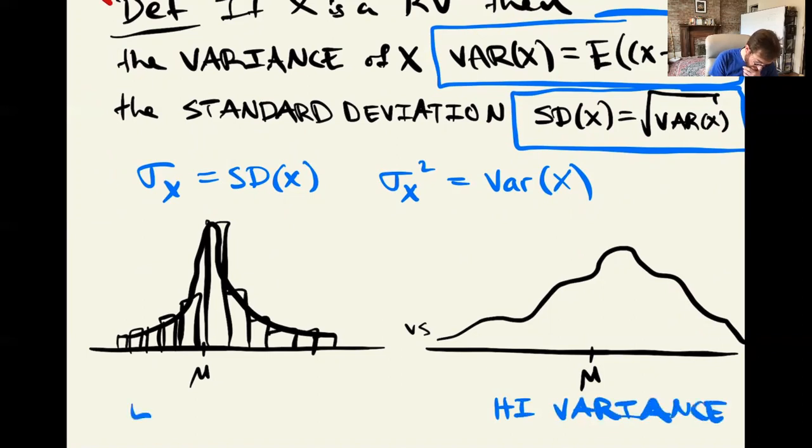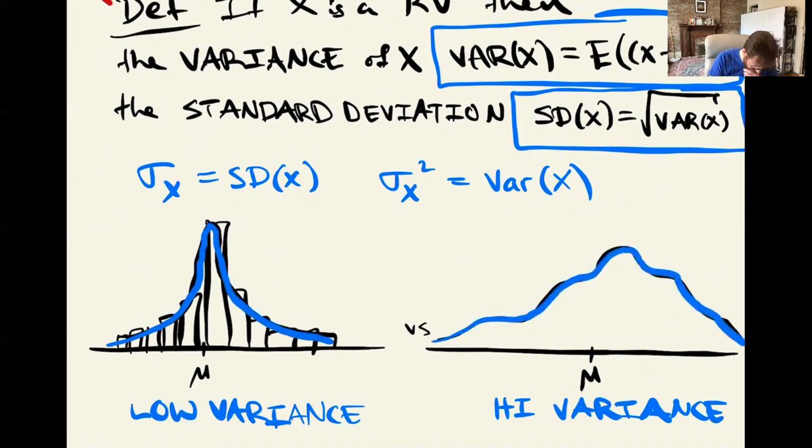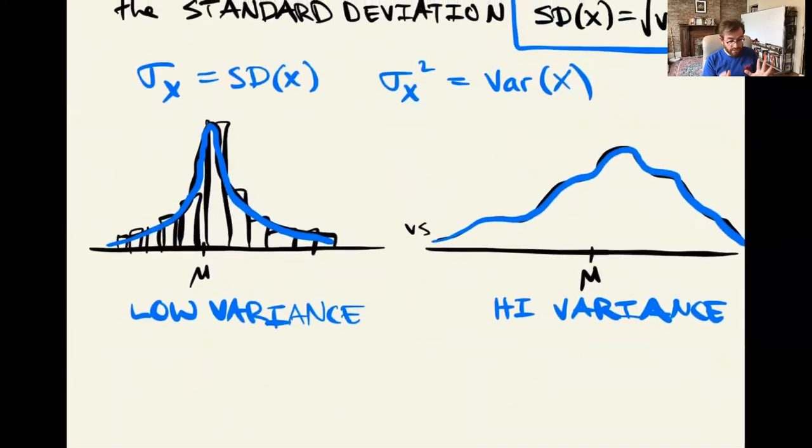And this is a low variance. Where again, if I just look at the underlying curve, maybe that's what it looks like. And here I've got this. All right, so that's a rough concept. Let's go ahead and do some examples just so that we feel like we understand what this is.